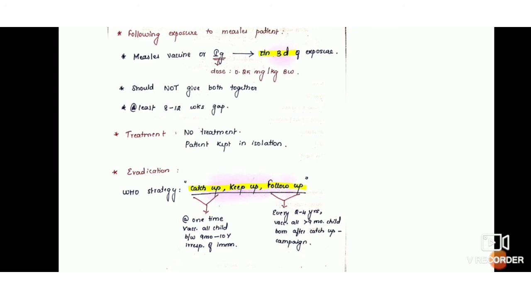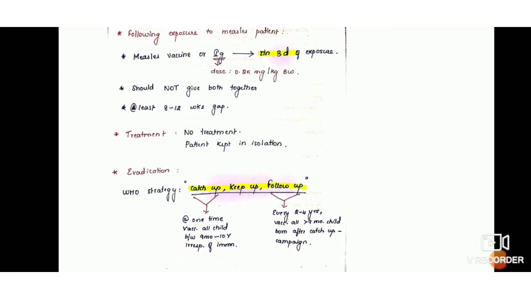And the treatment: there is no particular treatment, only supportive treatment, and the infected patient should be kept in isolation. And regarding eradication, WHO has the eradication strategy of catch up, keep up, follow up. Catch up means that at one time all the children between 9 months to 10 years will be vaccinated irrespective of their immunization.